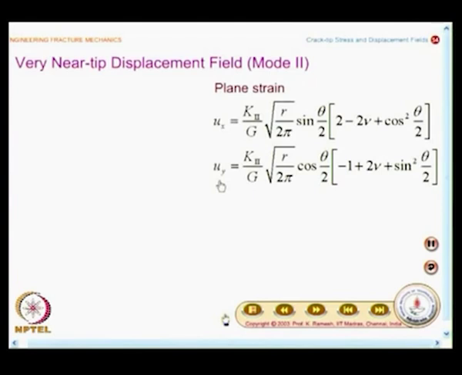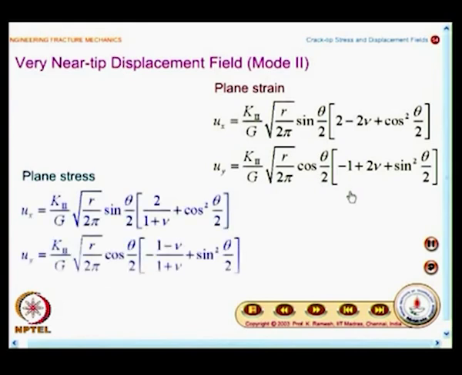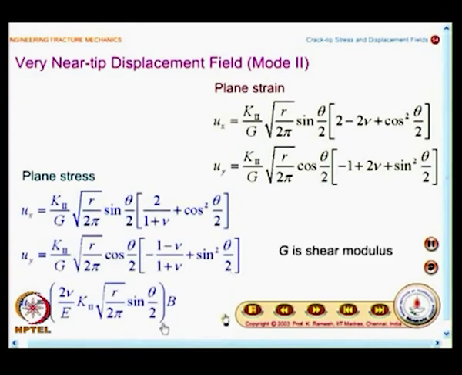So, ultimately it will have some finite value, and you have the expression for uy that is given as K2 by G root of r by 2 pi cos theta by 2 multiplied by minus 1 plus 2 nu plus sin squared theta by 2. And I will also write the expression for plane stress, and for plane stress you will also have the uz displacement component.